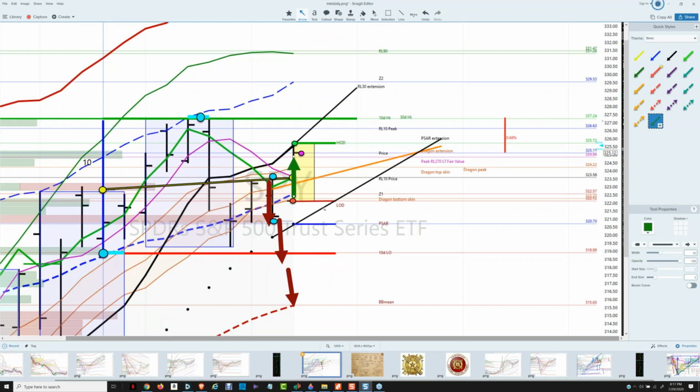We got a 1.5 worth of movement, and so now we can take a look at what happens tomorrow if we get that size of a move.